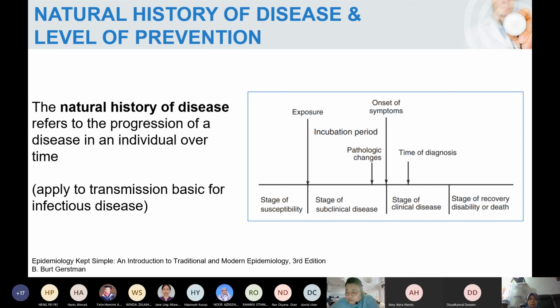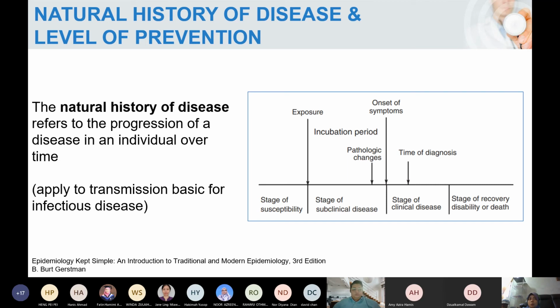Natural history of disease refers to the progression of disease in an individual over time. For example, type 1 diabetes is a bit clearer because it's genetic.